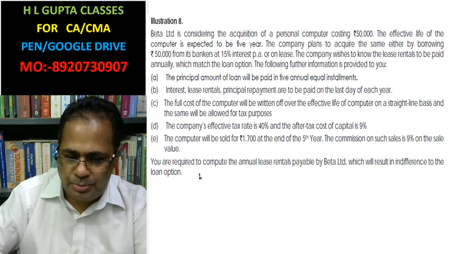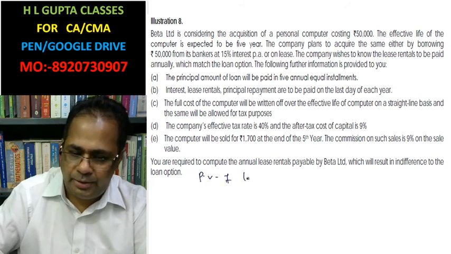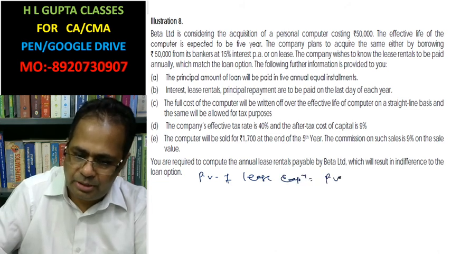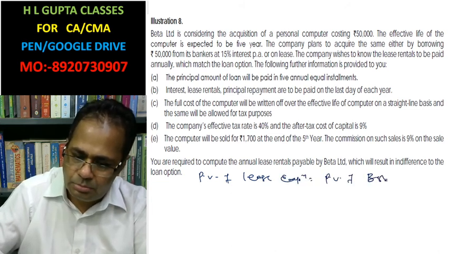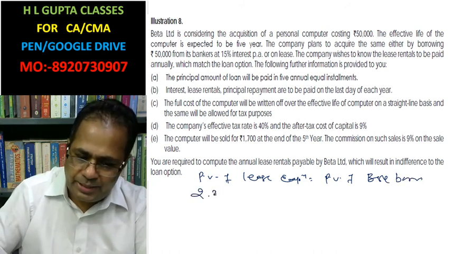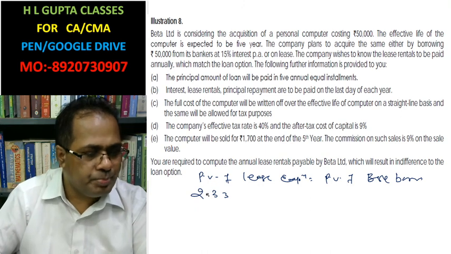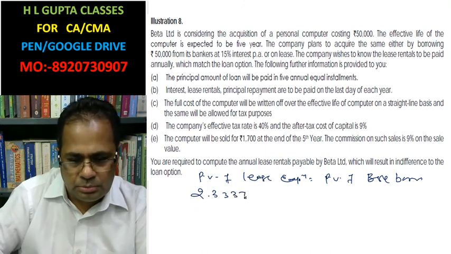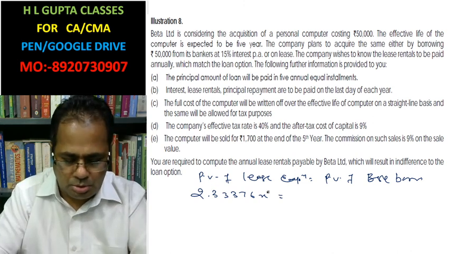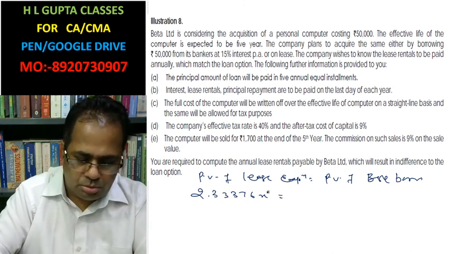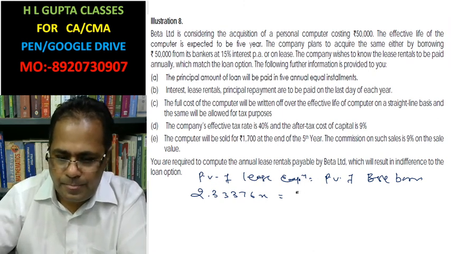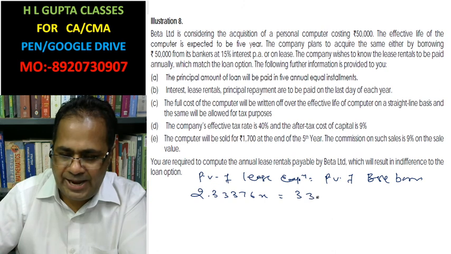As per the question, the present value of lease expenditure equals the present value of bank borrowing. So 2.33376x equals 33,838.